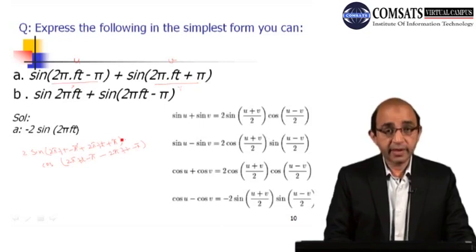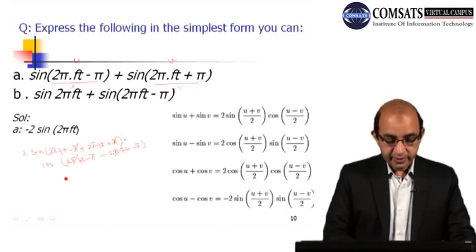So this will cancel with this, and this will be cancelled with this. So it means we have minus 2 pi.